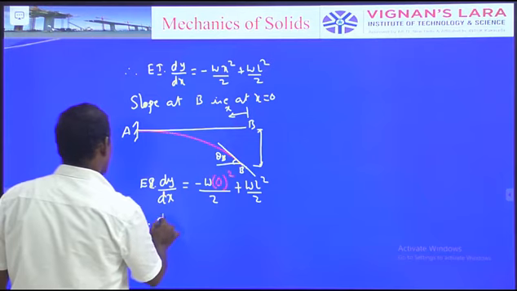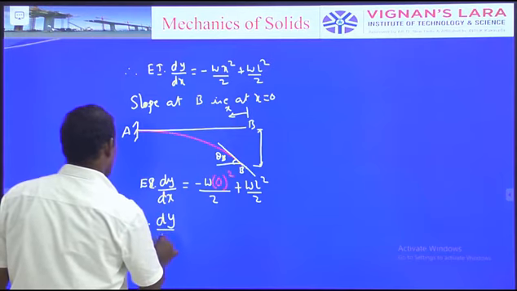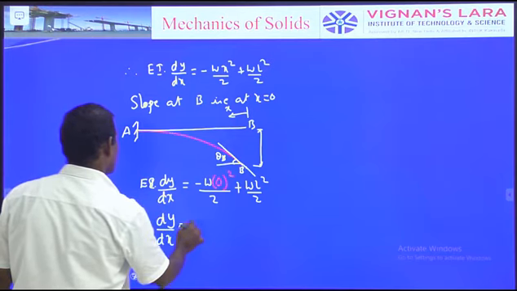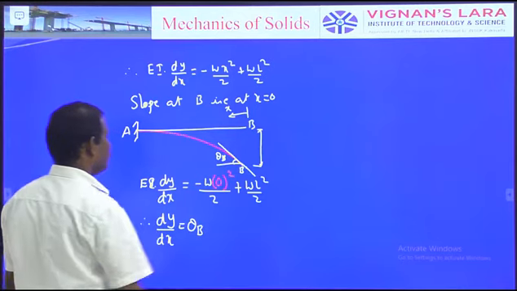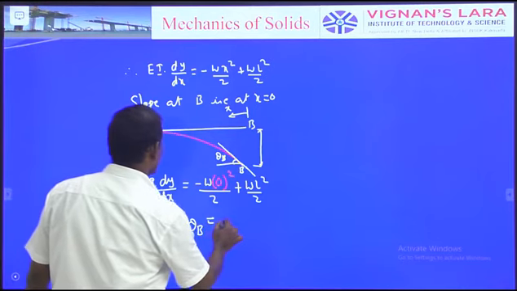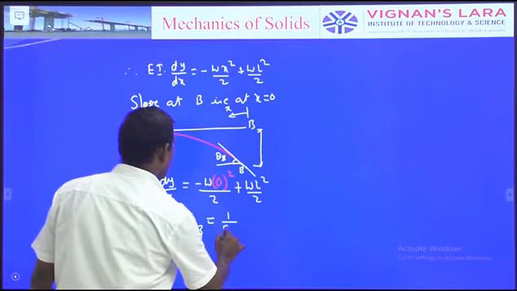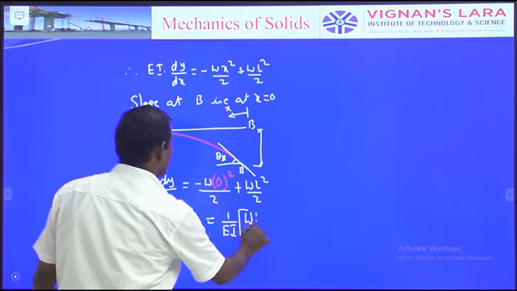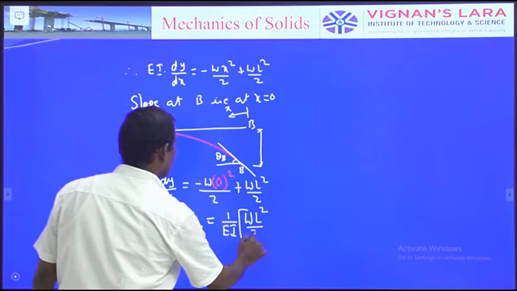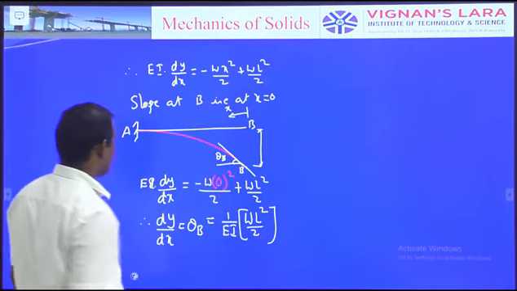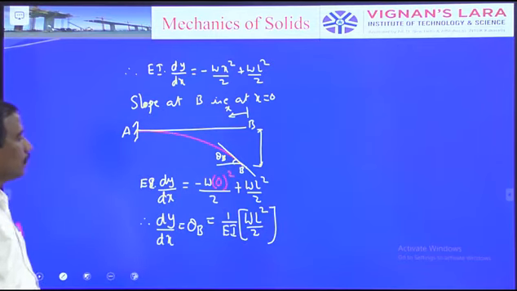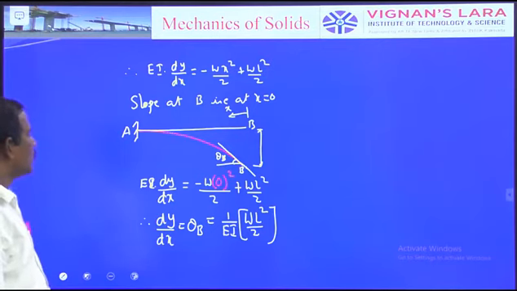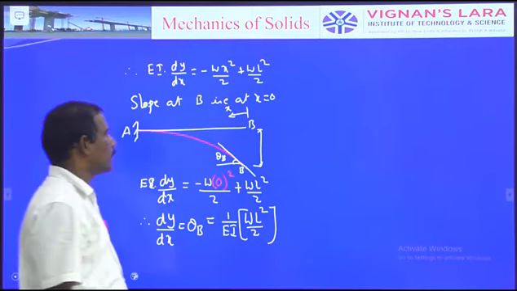Therefore, dy by dx, which may be represented as theta B, is equal to 1 by EI into WL square by 2. This is the slope at the particular point B.